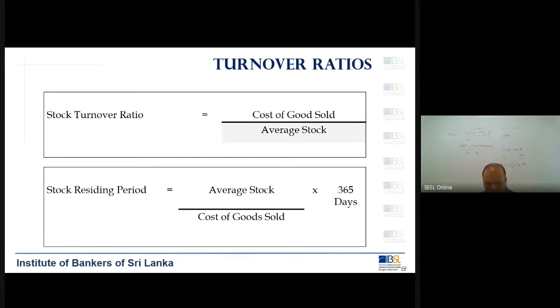Your good comes to the showroom and it stays there as stock. Now from that date, how long do you take for this particular stock to be sold to a customer? That is called the stock turnover ratio or the stock residing period.